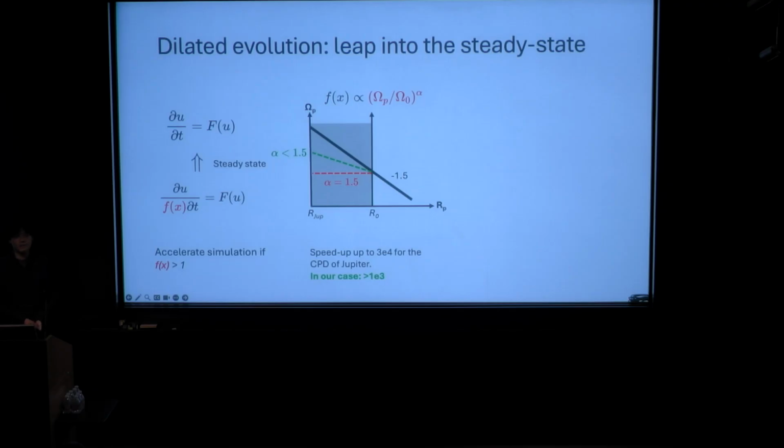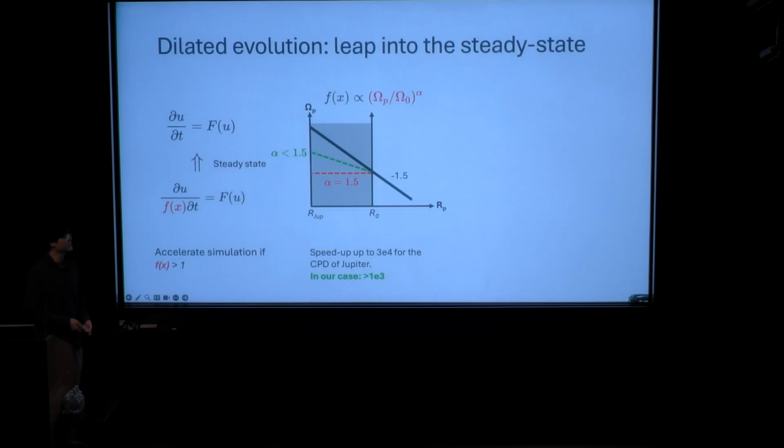Whenever the system evolves into steady state, the left part will vanish, and the equation converges to the previous one. That's our hope: that whenever we run into a steady state, we get a still consistent solution. But we can choose the factor so that it is larger than 1, and that gives you a much larger time step.